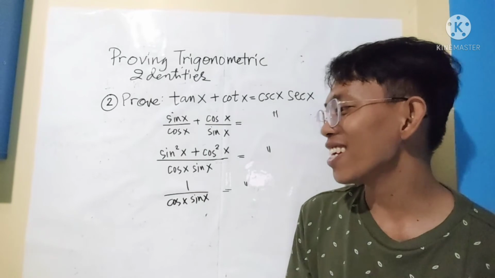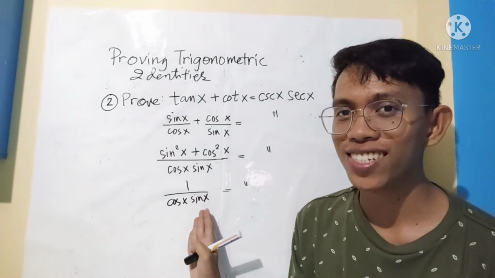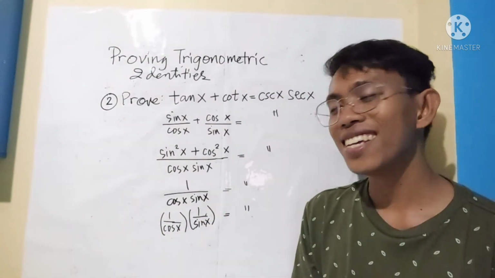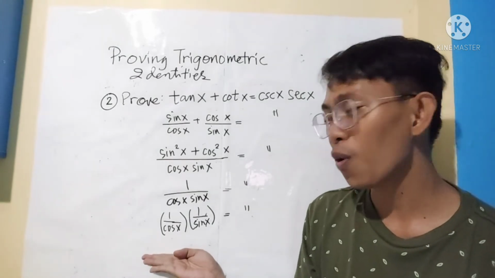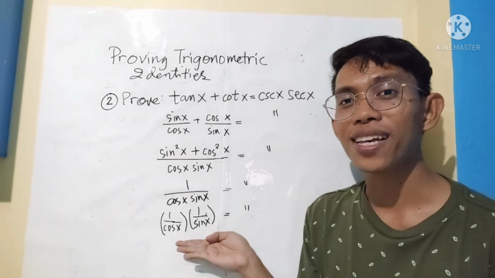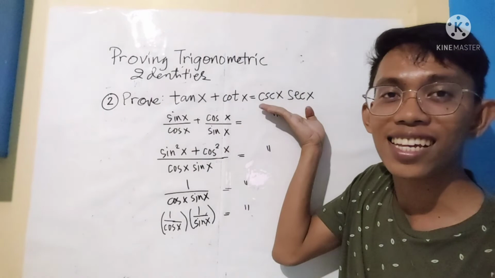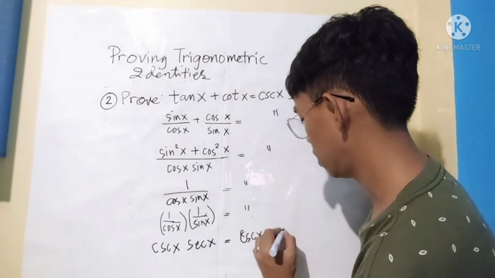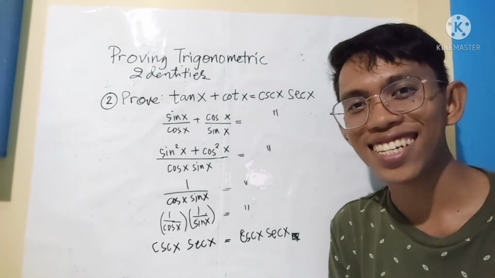Now, I will write this expression as product of two fractions. Lastly, I will write 1 over cosine x as secant x while 1 over sine x is cosecant x. And by doing that, makikita natin na equal nga itong left-hand side dito sa ating right-hand side. Now we have just proven another identity.